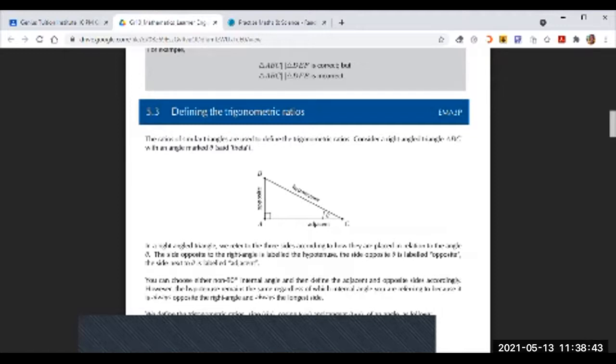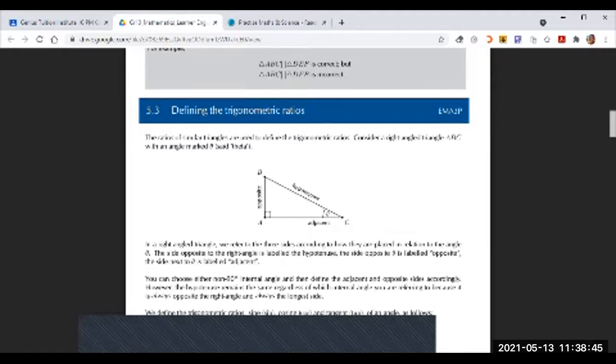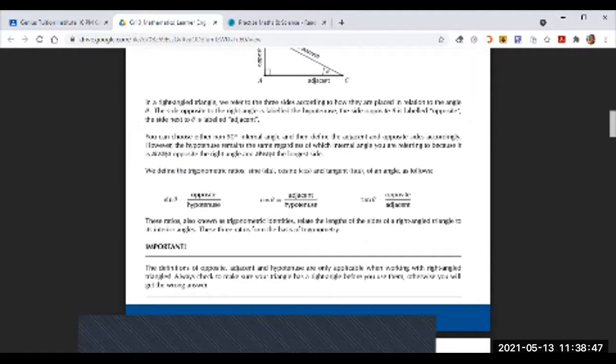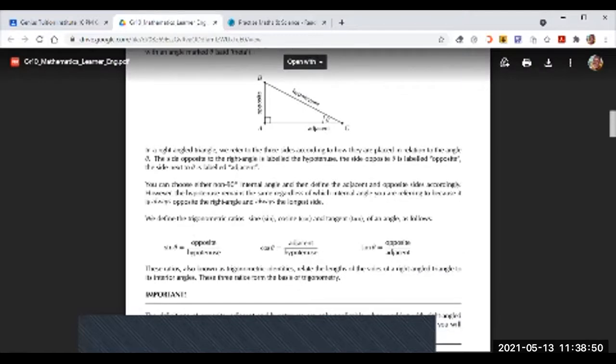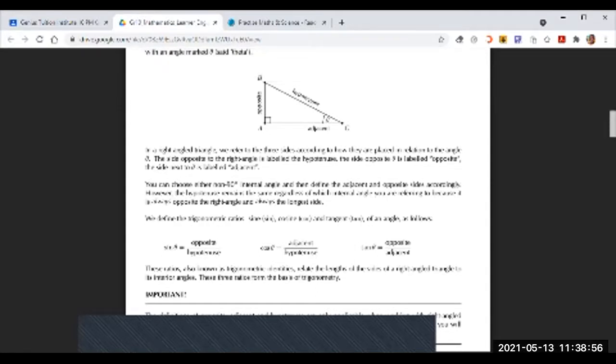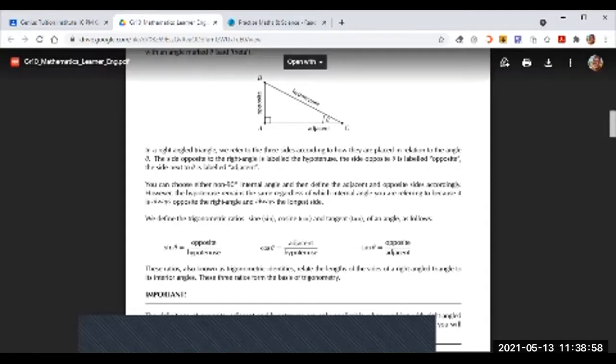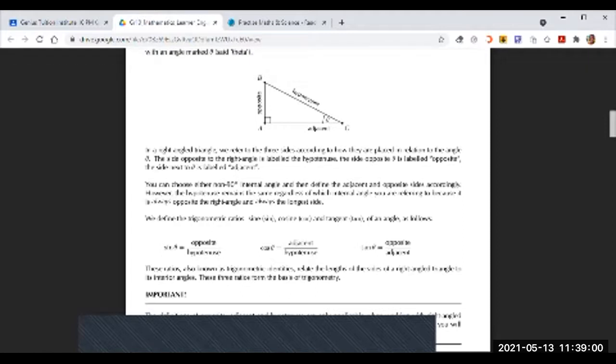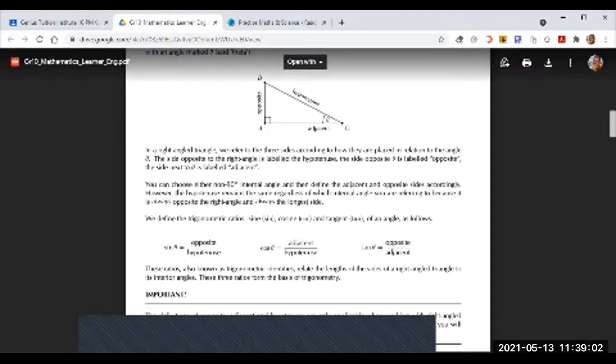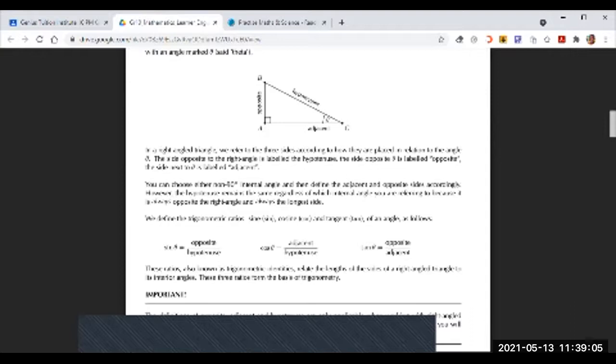So now we get to the trigonometric ratios. If we take this, we have sin. If you look at your calculator, you will get sin, cos, and tan. This is sine, cosine, and tangent.